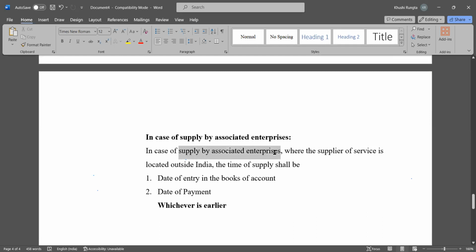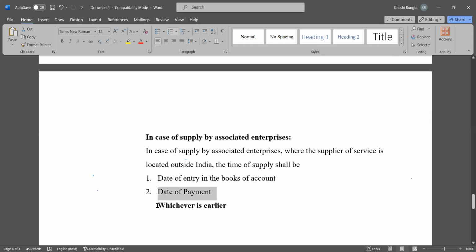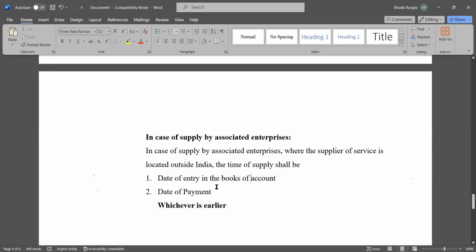In case of supply by an associated enterprise, when the supplier of service is located outside India, the time of supply shall be the date of entry in the books of account or date of payment, whichever is earlier. You have to see the date on which they recorded it in their books, or the date on which the payment has been made, whichever is earlier.